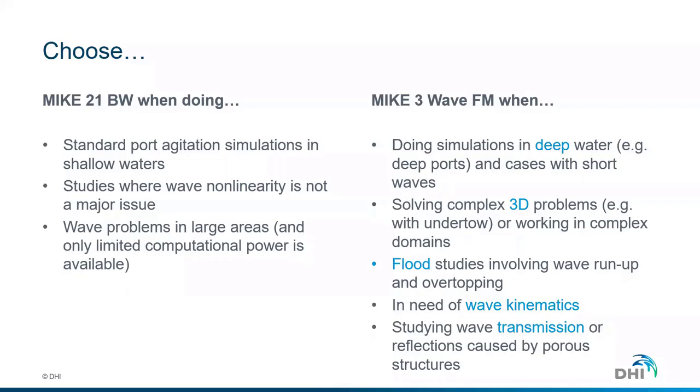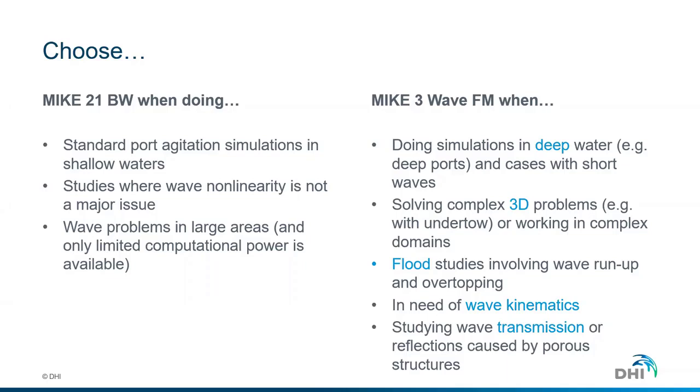But you can use it also for doing some of these deep water wave transformations where we have really deep water, so large kh values. You can also consider cases where we have these complex three-dimensional problems with waves interacting and breaking in different directions and spreadings.